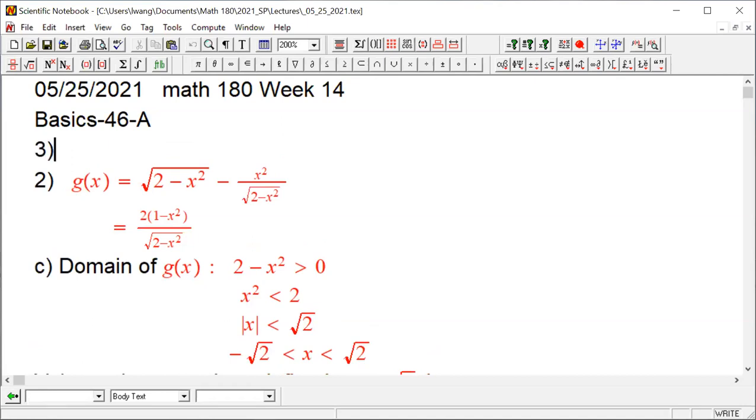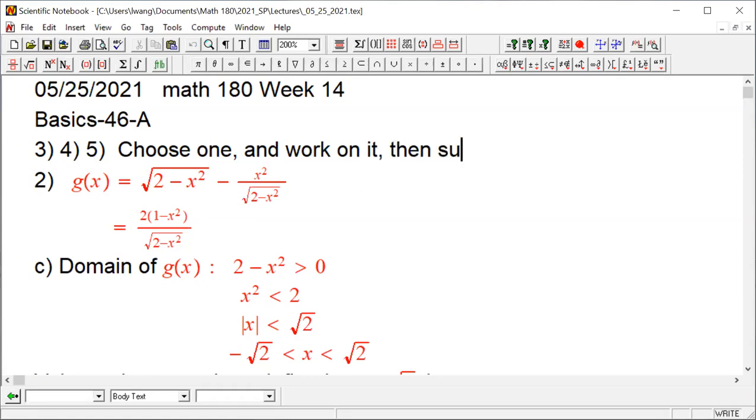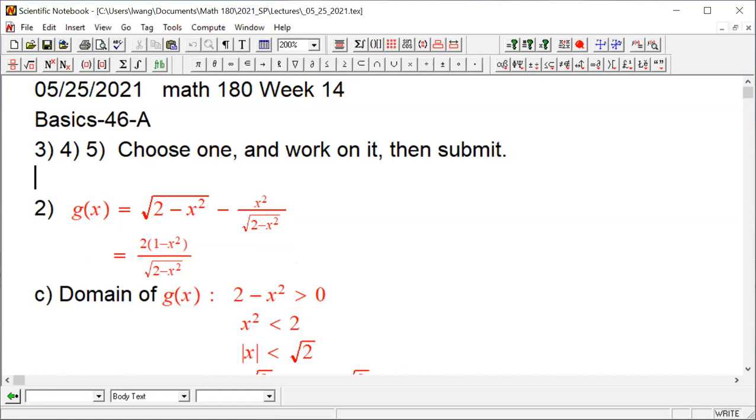If you finish early, you can do the next one. Choose one and work on it, then submit. Love to see your work. You're going to answer A, B, C though.